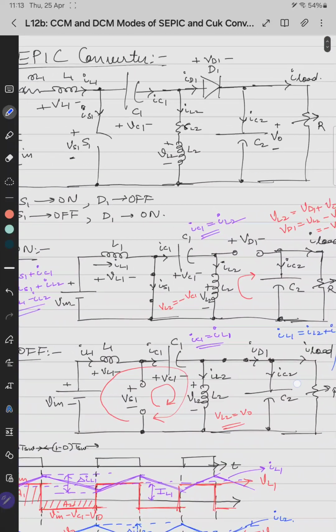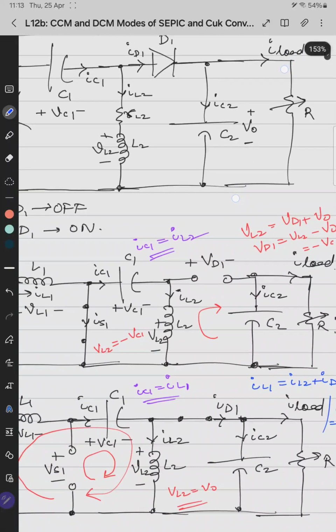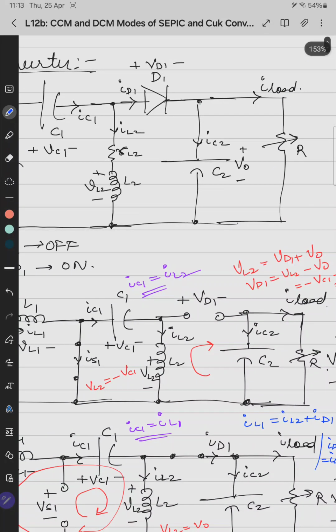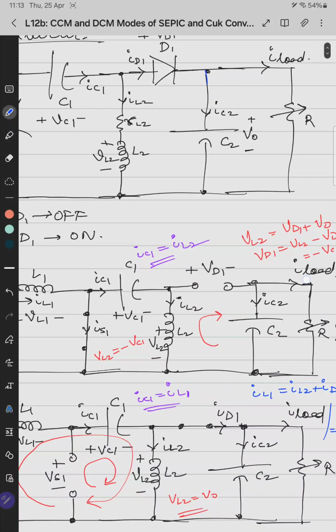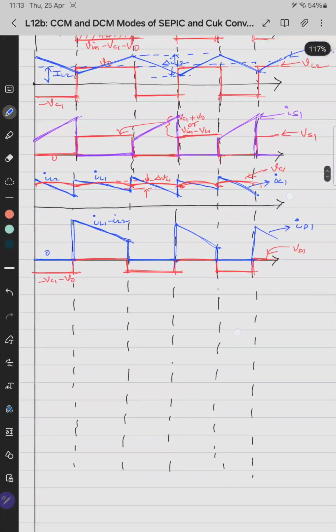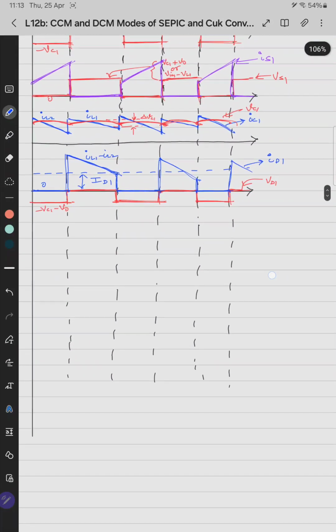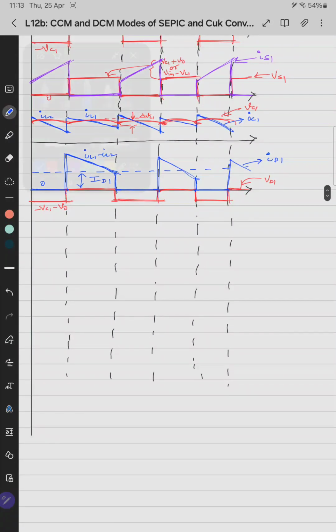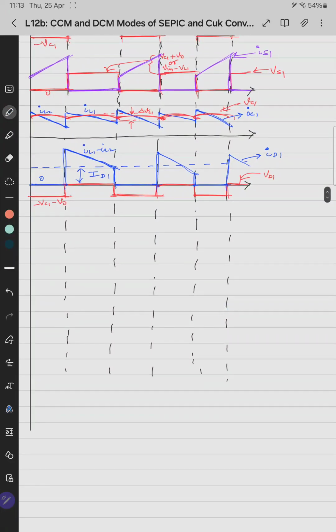Here you can see that ID1 has some average value and it has some ripples. So using the same principle, using amp-second balance, the ripple goes to the capacitor and the average value goes to the load, because the load is constant. So let's say that this is the average value, capital ID1. So if we just draw the waveform of the capacitor current, it will be this ripple.